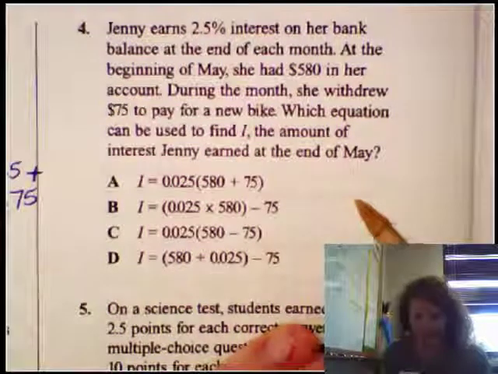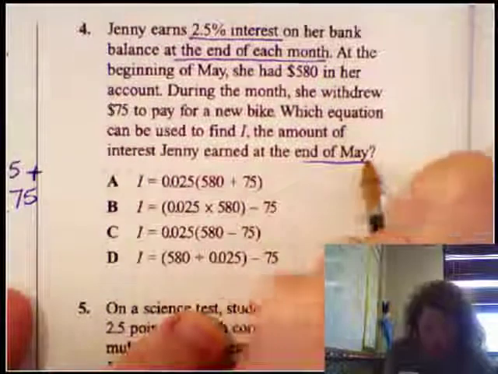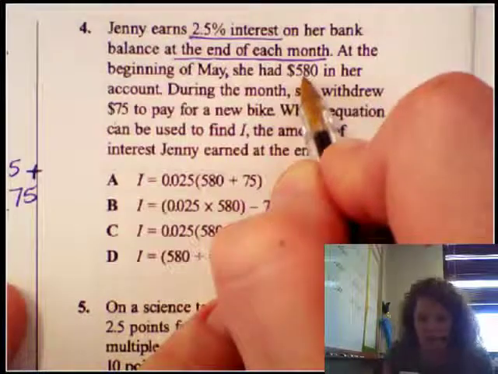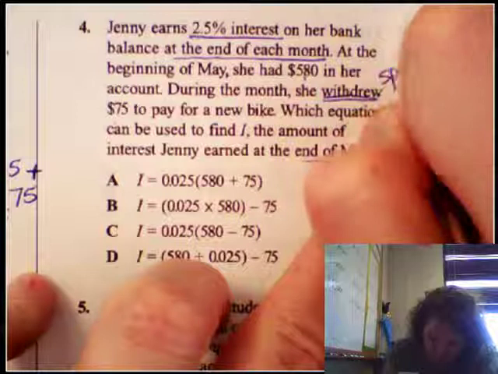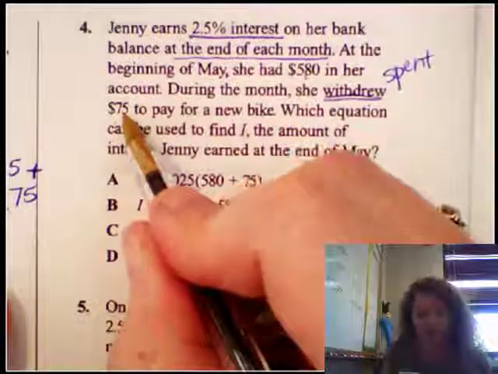Okay, we're talking about interest here. It says that she earns 2.5% interest on her balance at the end of each month. Okay, and we want to find out how much she earned at the end of May. The beginning of May, she had $580. But she withdrew, which means that she took out and spent $75 to pay for a new bike.